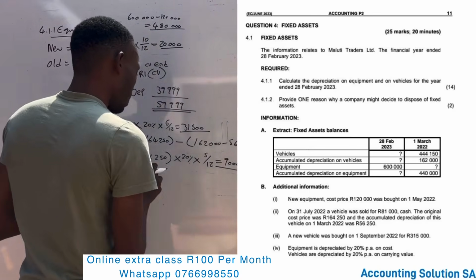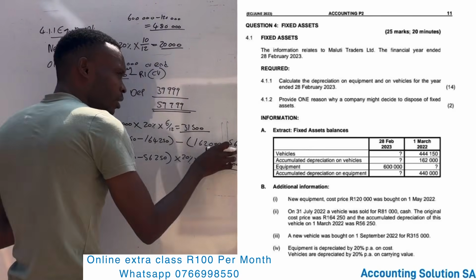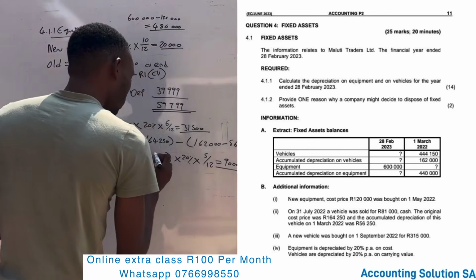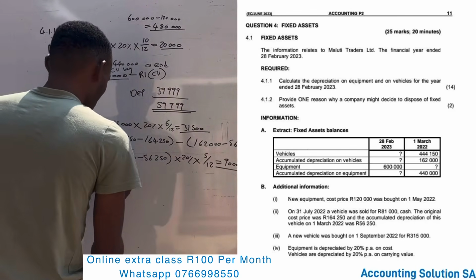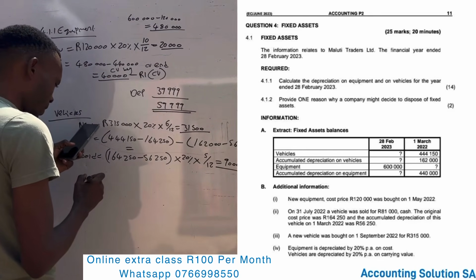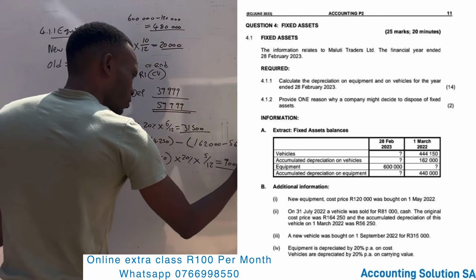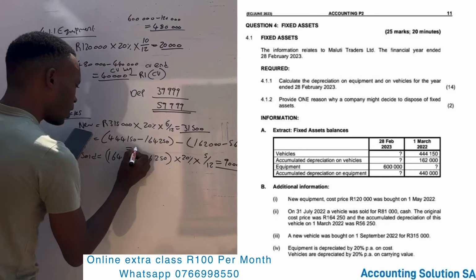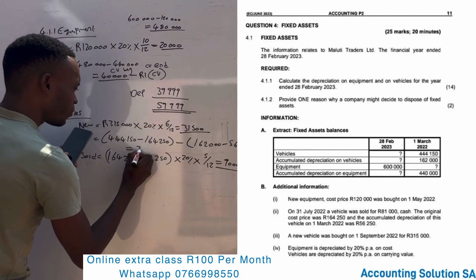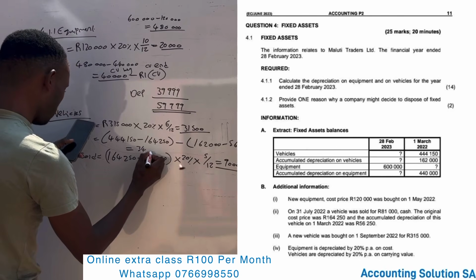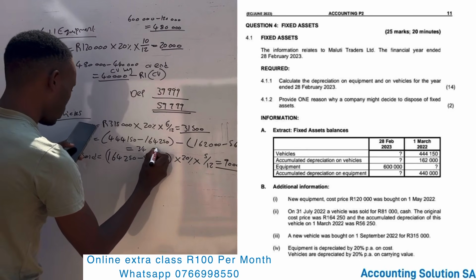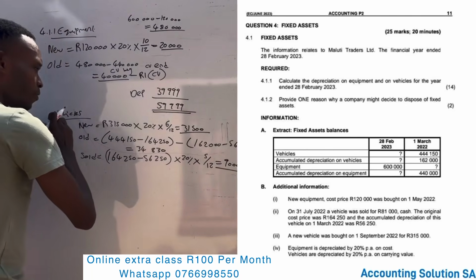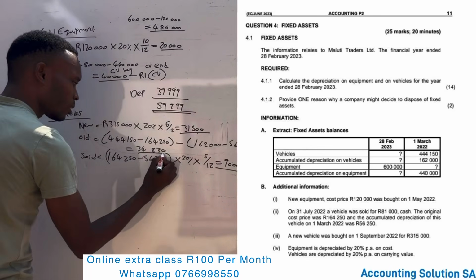If you get the answer here, you get the answer here, you take the answer and subtract this answer, which is going to give you the result. Okay, then you multiply by 20%, which is going to give you the final answer of 34,808.